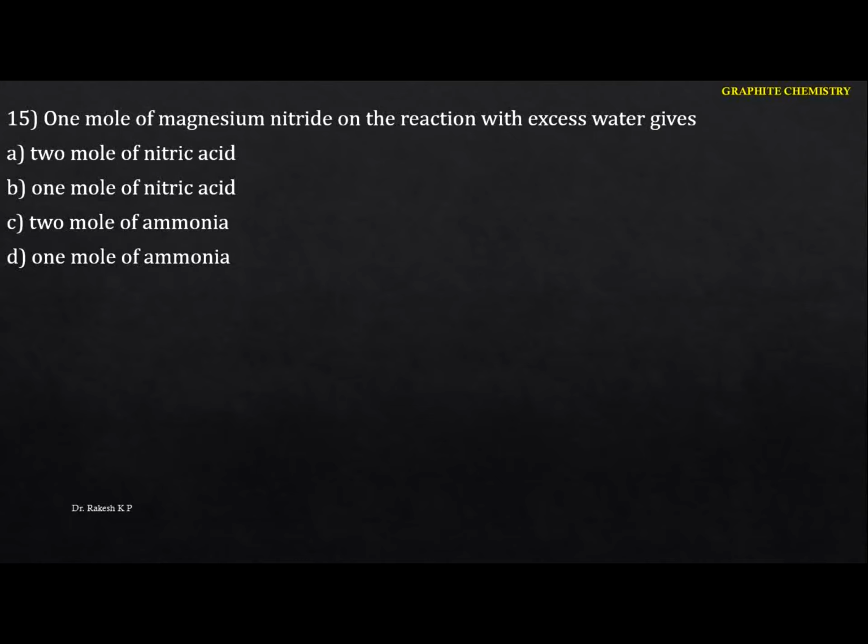One mole of magnesium nitride on reaction with excess water gives? Let me write the reaction here. Magnesium nitride, the formula is Mg3N2. Whenever it reacts with excess water, it gives magnesium hydroxide, and you also get ammonia. So when magnesium nitride reacts with water, there is a liberation of ammonia. Now I balance this equation.